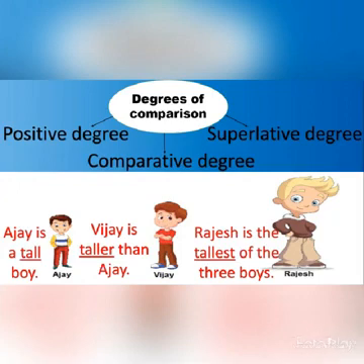The next one, I have compared Ajay and Vijay, and I have written that Vijay is taller than Ajay. And in the last one, I have compared Rajesh with Ajay and Vijay. The sentence is Rajesh is the tallest of the 3 boys. So these 3 examples are related to the degrees of comparison.